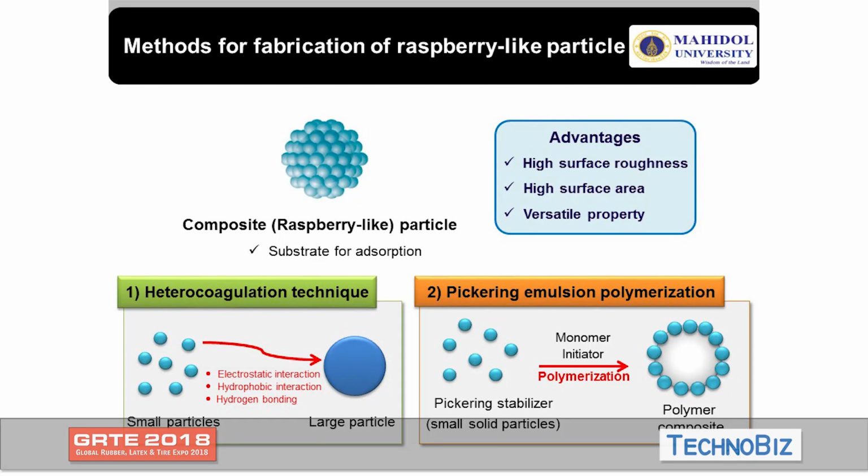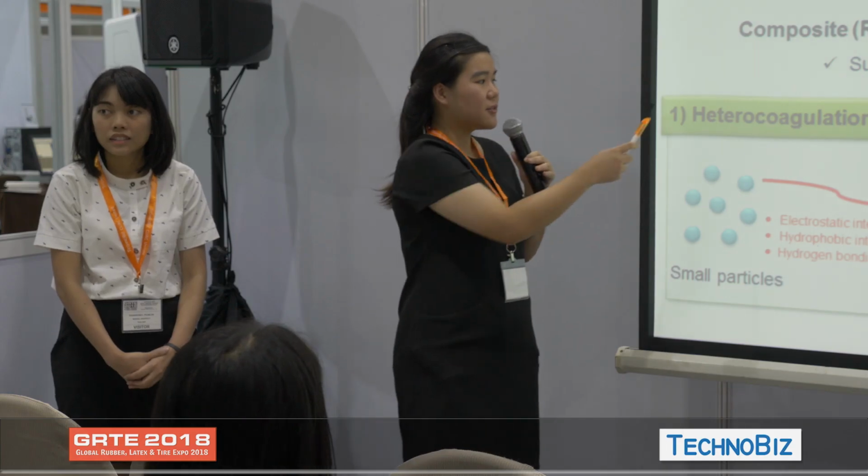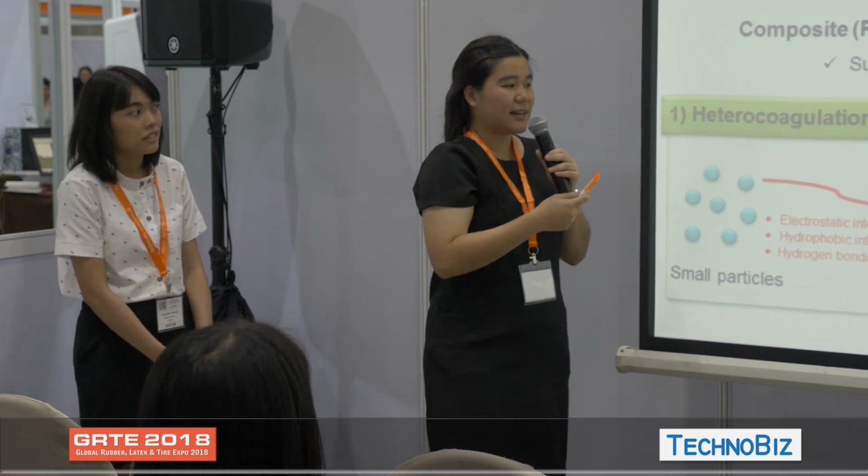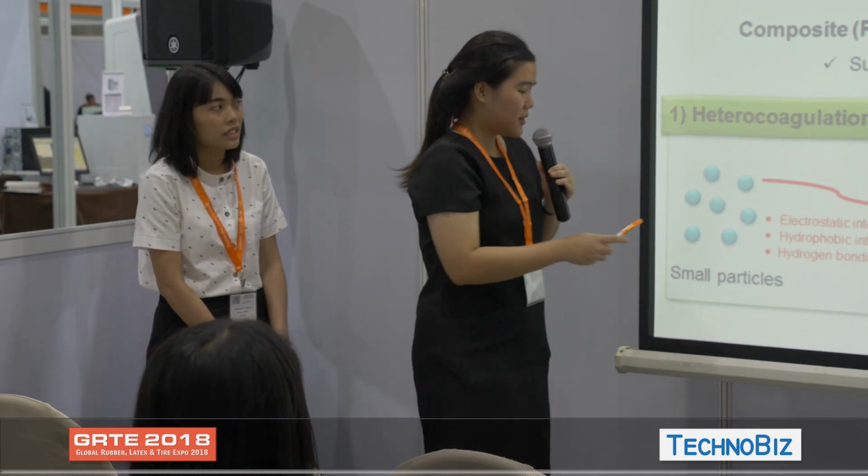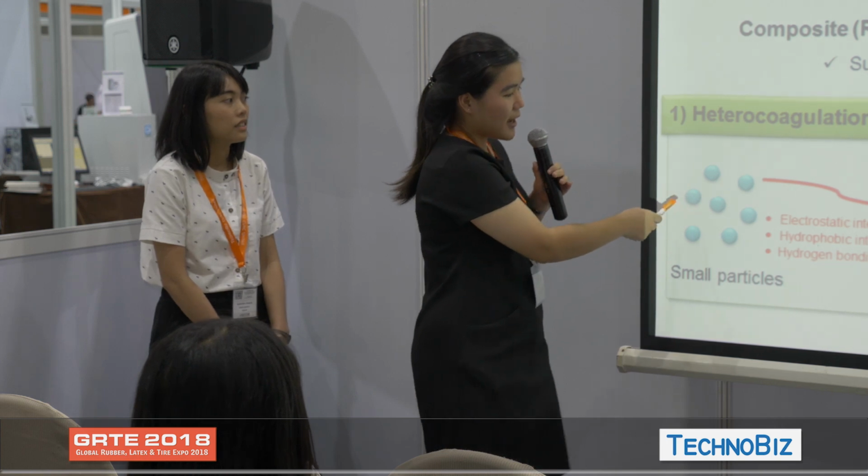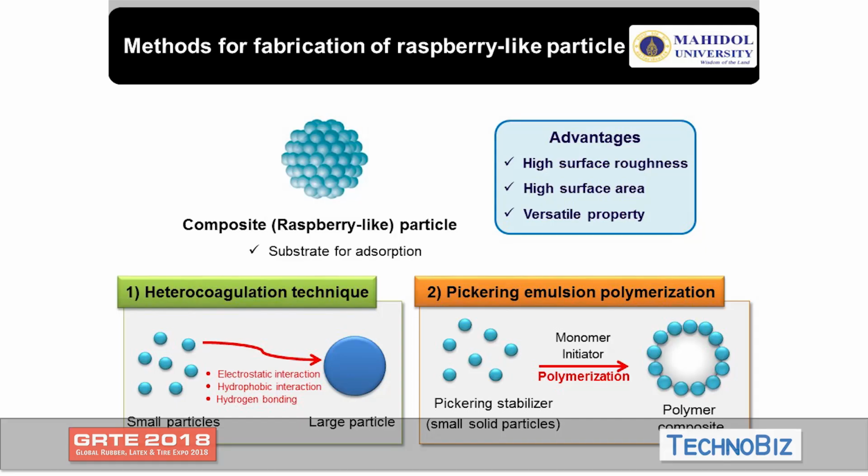This morphology can be fabricated by two approaches. The first one is the heterocoagulation technique. In this technique, the small particles will adhere onto the surface of the larger particles by driving forces such as electrostatic interaction, hydrophobic interaction, and hydrogen bonding.